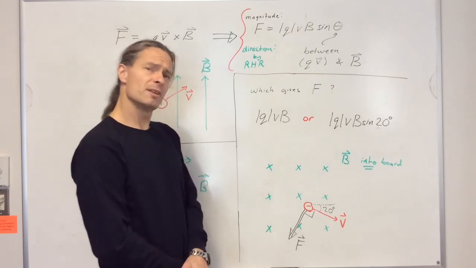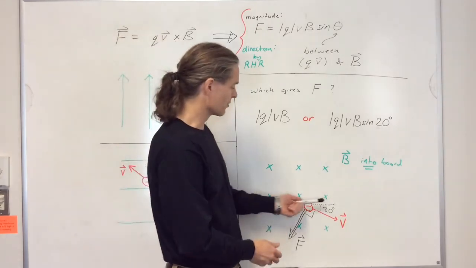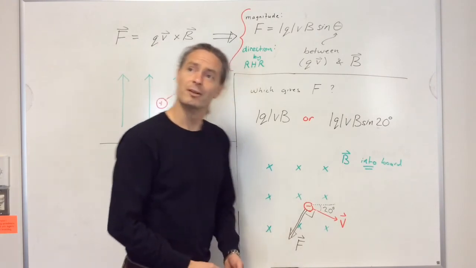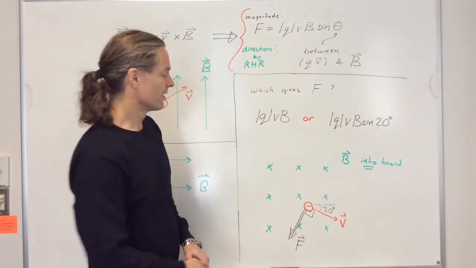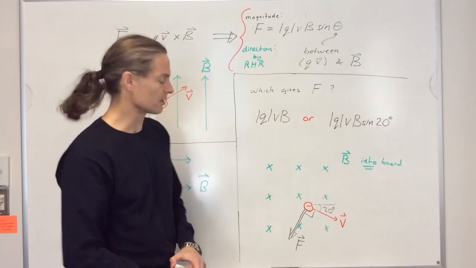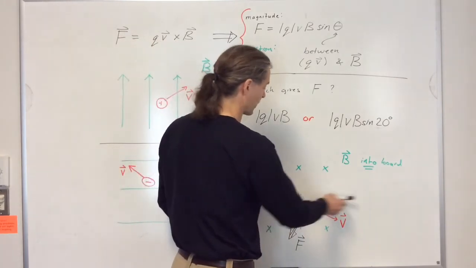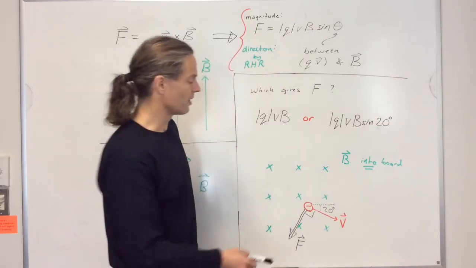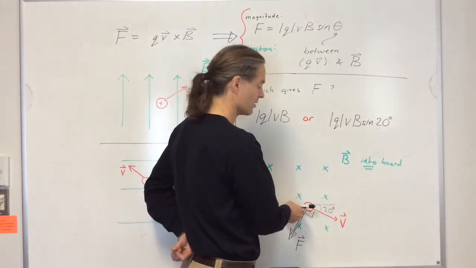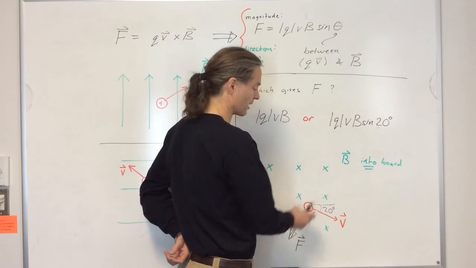Well, you're going to be tempted to use this 20-degree angle that I've put in the picture because I've put it in there. And that 20-degree angle is a perfectly respectable angle. It gives us the direction of the velocity relative to the rightward direction on the board. It'd say, well, the velocity vector is directed at 20 degrees below the rightward direction.